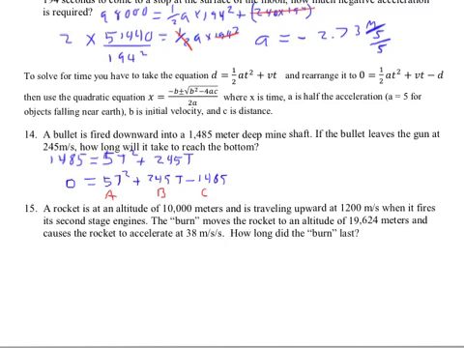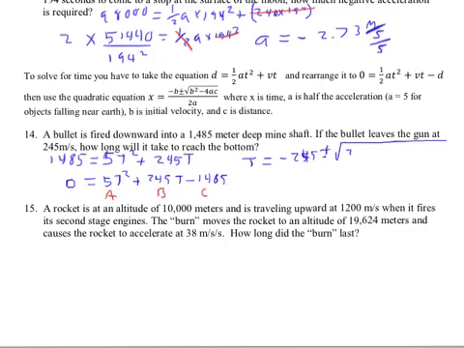What we get is therefore that t is going to equal negative b, so it's negative 245 plus or minus the square root of 245 squared.